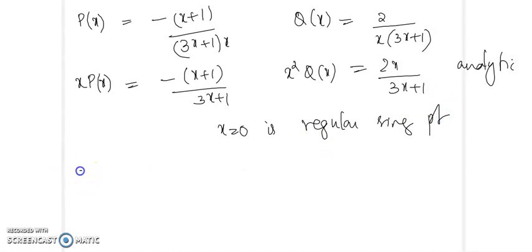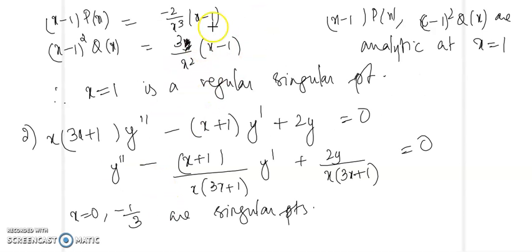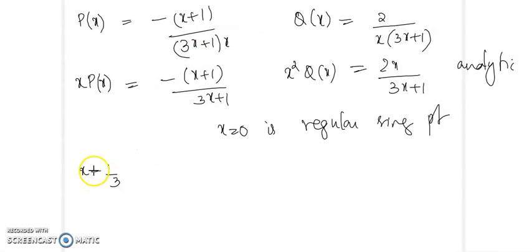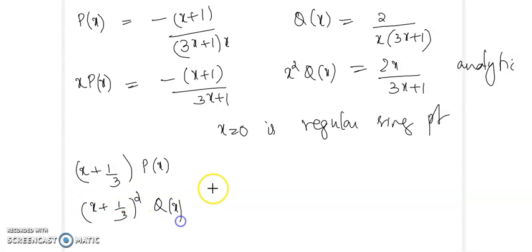And the next singular point is minus 1 by 3. So take x plus 1 by 3 into p of x and x plus 1 by 3 whole squared into q of x.